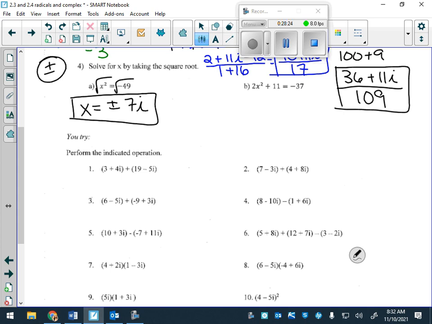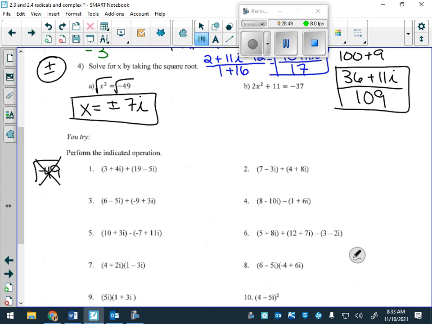If you're taking the square root of both sides, so a variable, yeah. Okay, so you wouldn't do plus or minus if it was just the square root of that? No. That you would just keep as 7i by evaluating. That's a great question. So it's only when you are solving, with the square root literally on both sides of the equal sign.